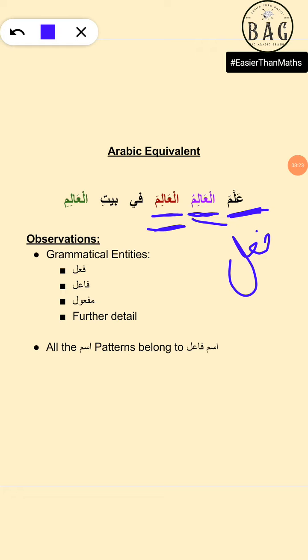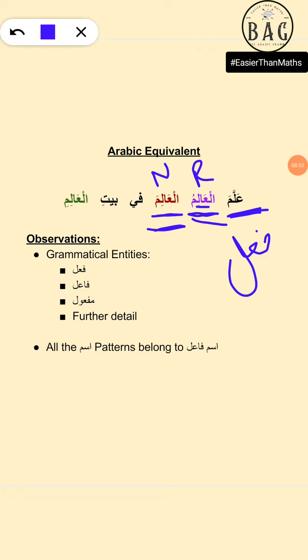Now the same thing is happening over here. The same thing that I demonstrated in the English sentence is being demonstrated in this Arabic equivalent, allamal alimul alima. This word is in rafa, this word is in nasab, but the words once again are the same. Alim, alim.